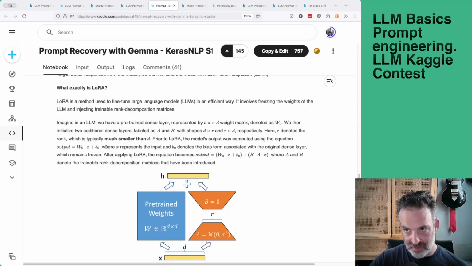If you're familiar with adaptive learning, which was the technique before LoRA came along, I think maybe a year and a half ago, it was much less effective and much more compute intensive.